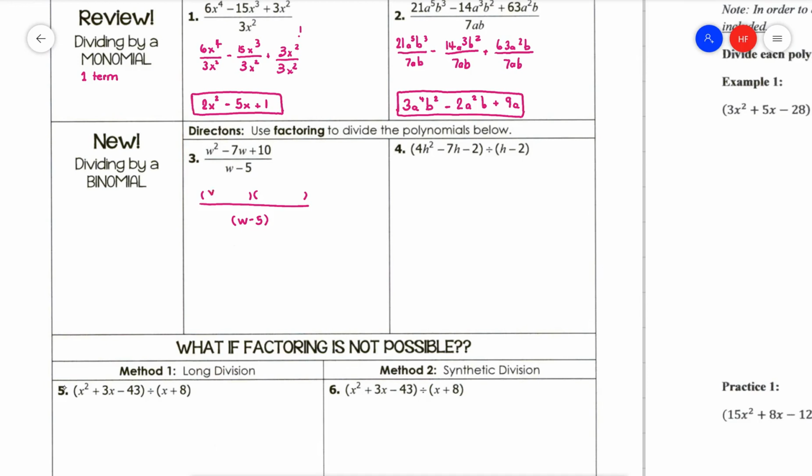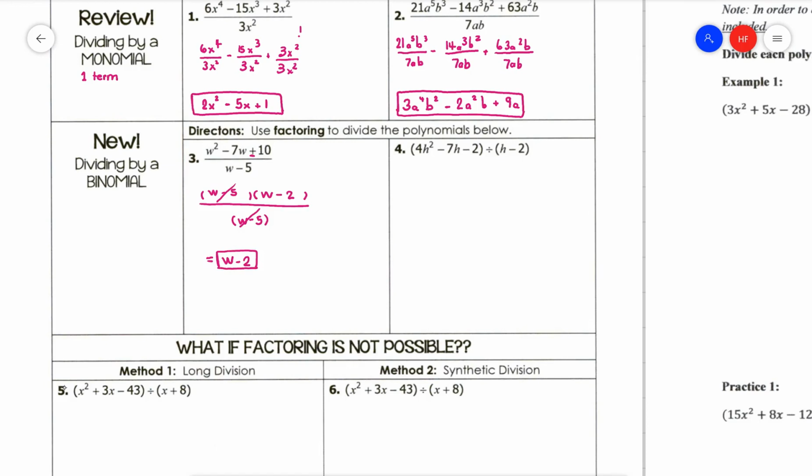Those two numbers are negative 5 and negative 2. A negative times a negative will give me that positive, and then 5 times 2 is 10, negative 5 minus 2 is negative 7. Anything that is on top and on bottom will cancel. So w minus 2 is my answer.